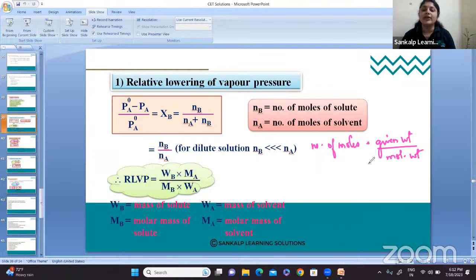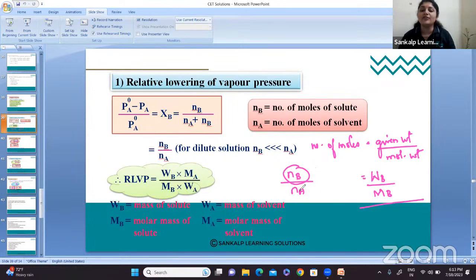Writing it for NB first, the given weight of solute is WB and the molecular weight is MB.